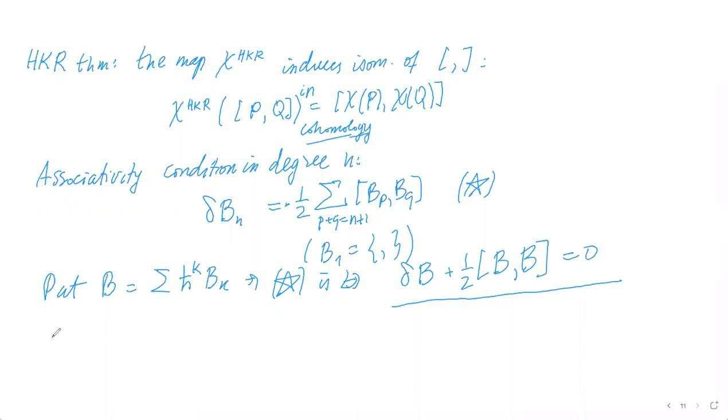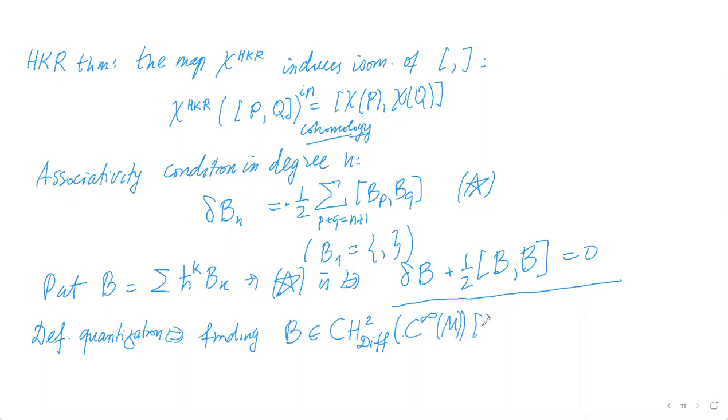But in algebra, in integrable systems, in geometry, in topology, everywhere it has its manifestations. So now the question of finding the deformation quantization is equivalent to finding B in this Hochschild differentiable cochain complex of degree 2 of C infinity of M, endowed with this formal variable h.